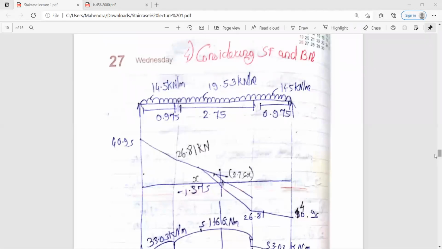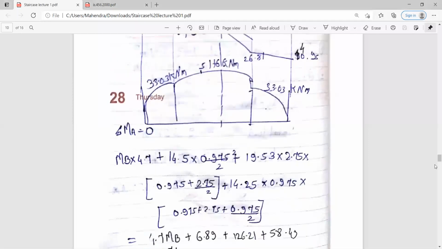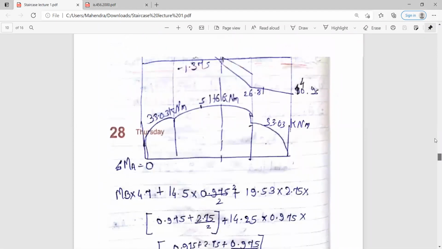So how you will calculate RA and RB? Take moment about point A equals to 0. So see, I think everyone is having the diagram for the beam. So when you are going to take moment about point A, what will come first?